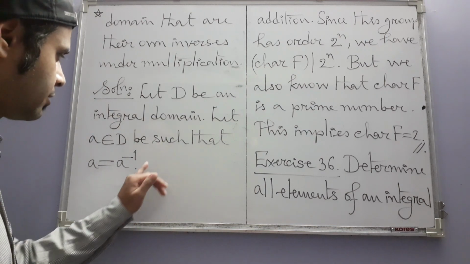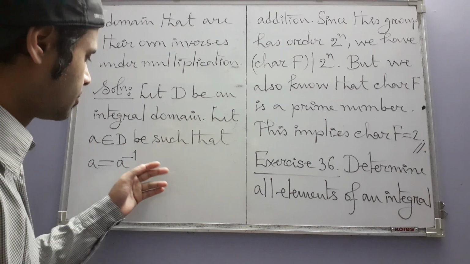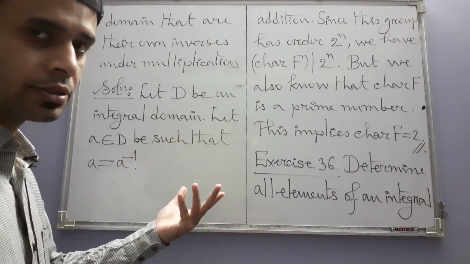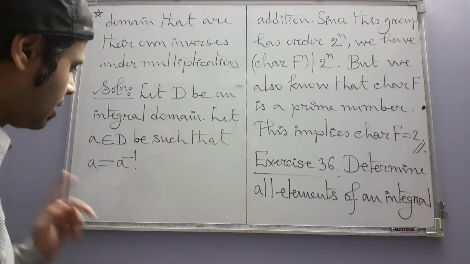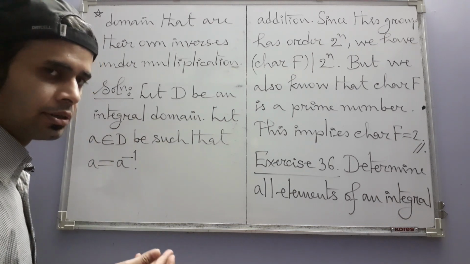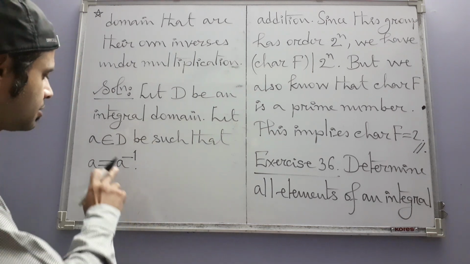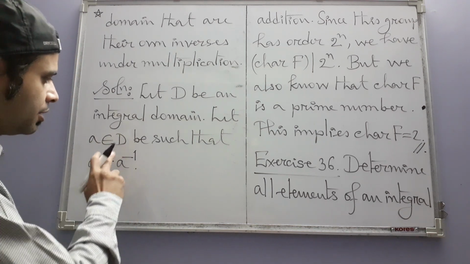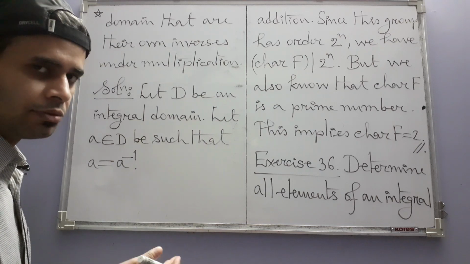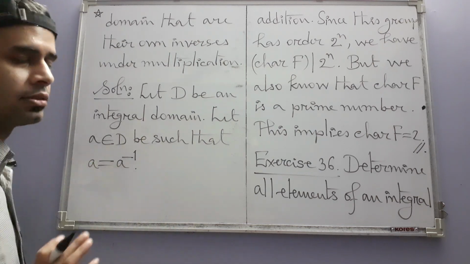So here actually there are two things we are assuming or considering as our starting point, our hypothesis. One is that A is an invertible element, which otherwise is also known as a unit. That means an element in the integral domain which has a multiplicative inverse, and the other assumption is that the multiplicative inverse is A itself.